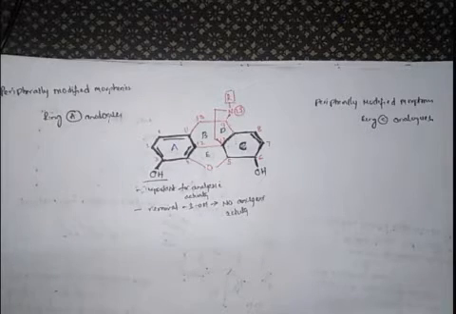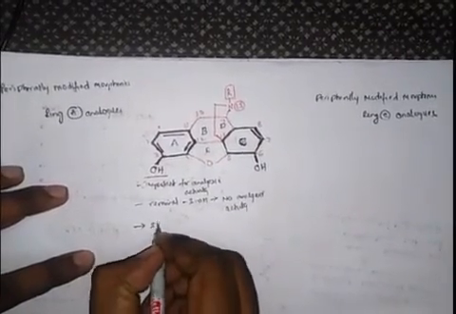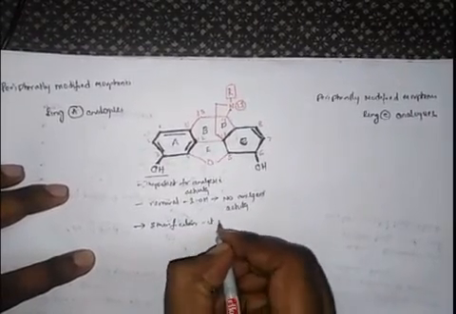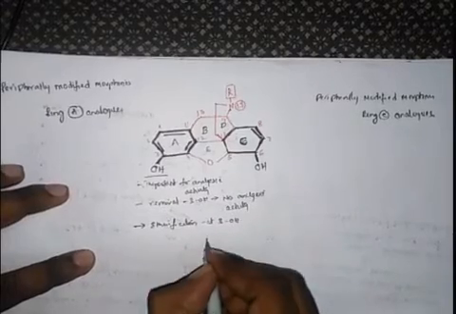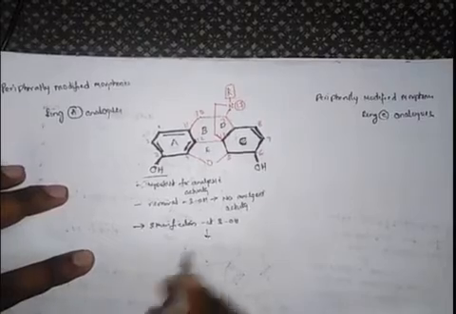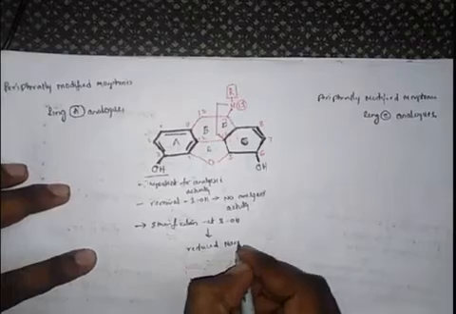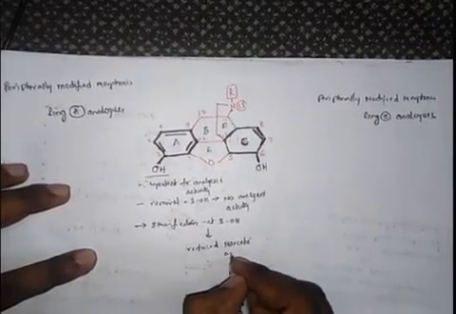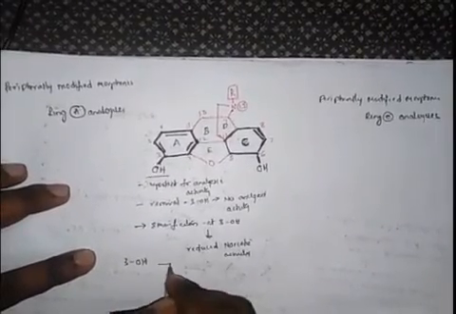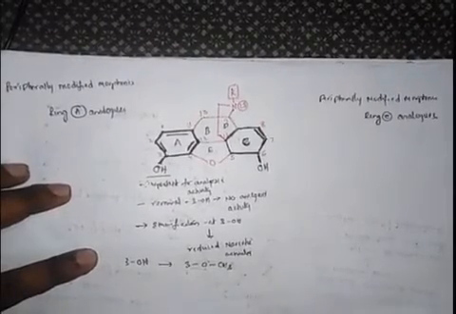But you can go for etherification. Etherification at 3-OH results in reduced narcotic activity. On conversion of the 3-OH group into 3-OCH3, the narcotic activity will be reduced.